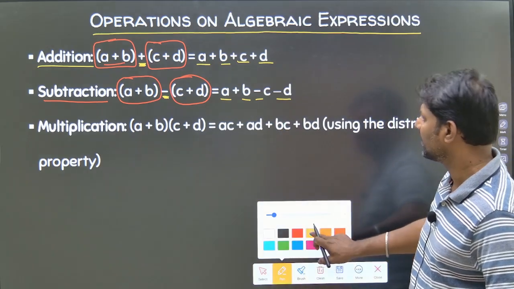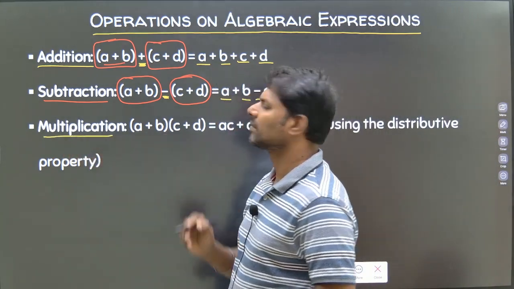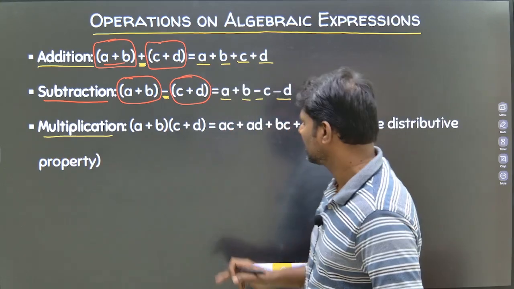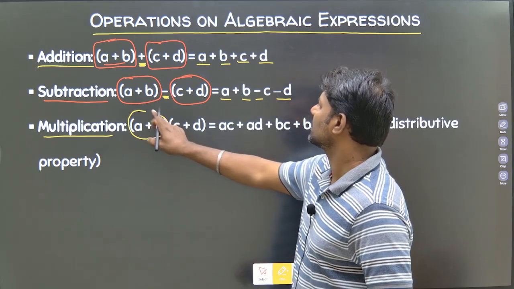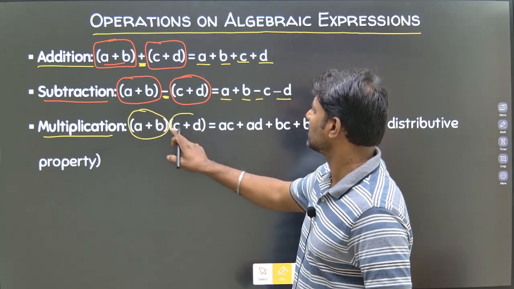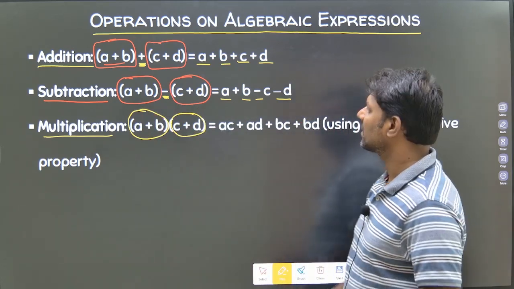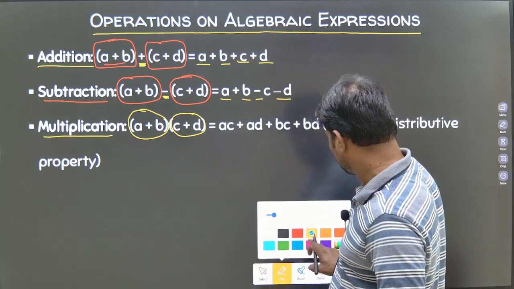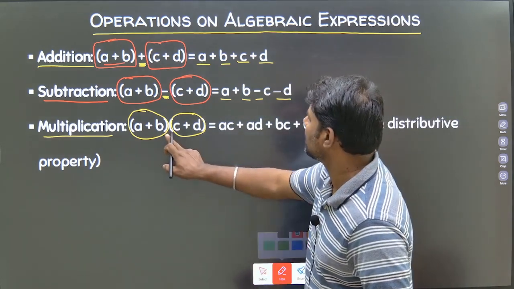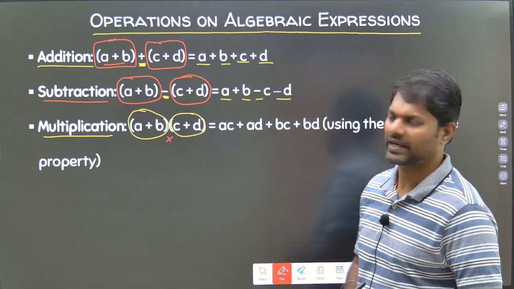Next, multiplication of algebraic expressions. So here are 2 algebraic expressions. This is 1 and this is second. So in between these expressions there is a multiplication operator.